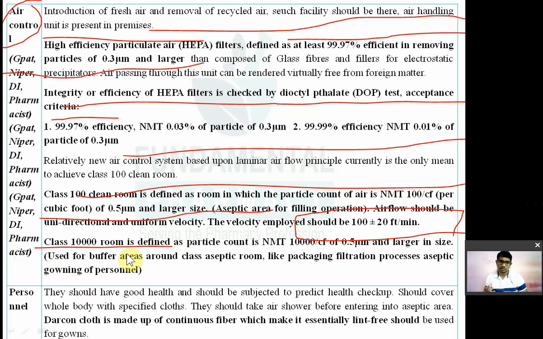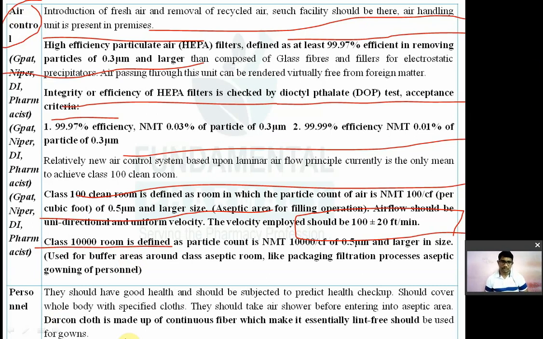उसके बाद में, इससे पहले एक एरिया आता है, class 1000 area. उसमें क्या रहेगा? Not more than 1000 particles per cubic feet of 0.5 micron or larger size. Class 10,000 room or class 10,000 area क्या रहेगा? So particle count not more than 10,000 particles per cubic feet of 0.5 micron size or larger. And remember, class 100 area is used for aseptic filling and preparation.